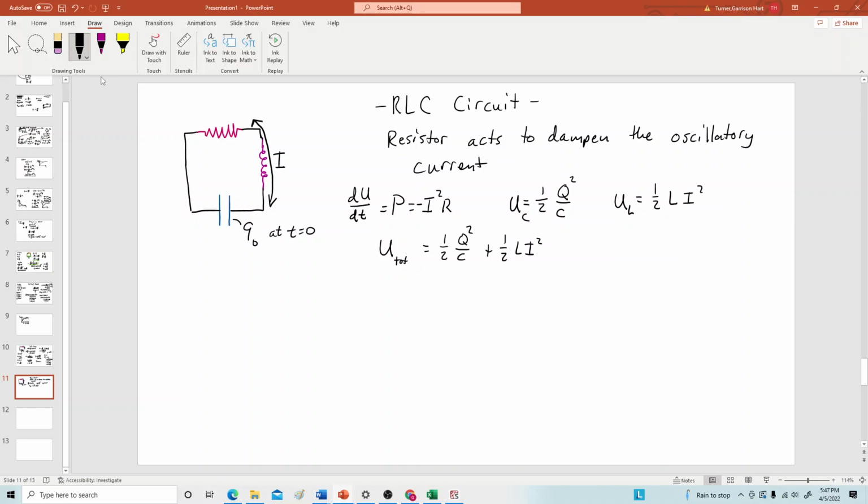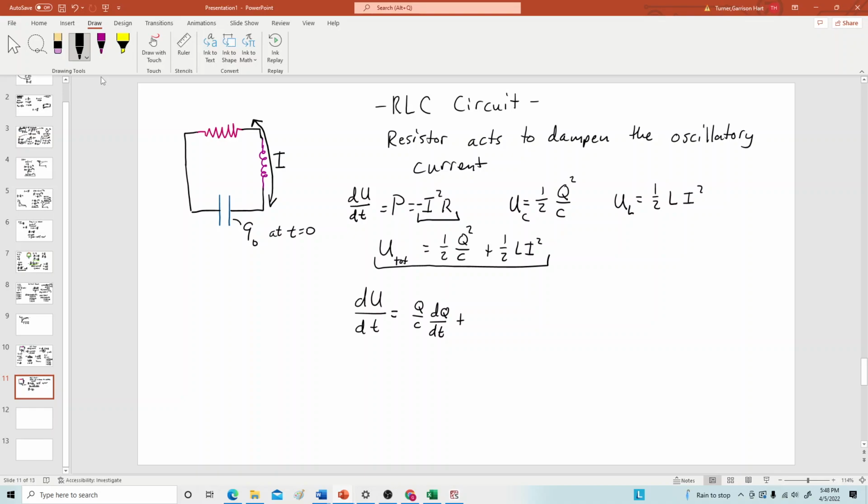So what we're saying is this is the available energy in the circuit at a given instant, and this is the energy being dissipated. So using conservation of energy, I'm going to take the time derivative of the potential energy. So the time derivative of this is going to be Q over C dQ dt.